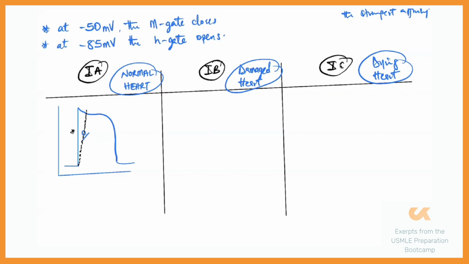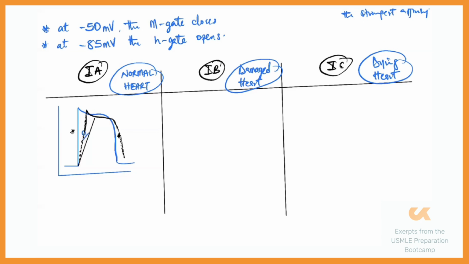That means that this phase 3 potassium depolarization is also going to lose its steepness. It's going to become less steep. So when we draw this graph, the new graph would look like this.